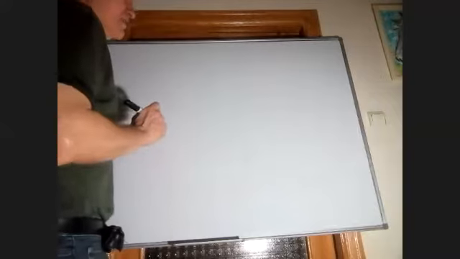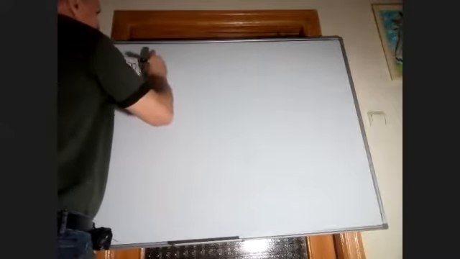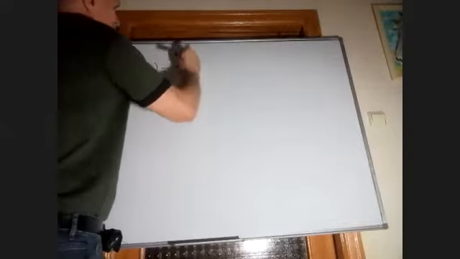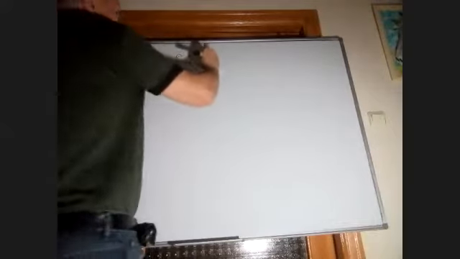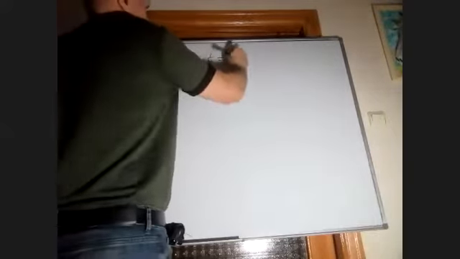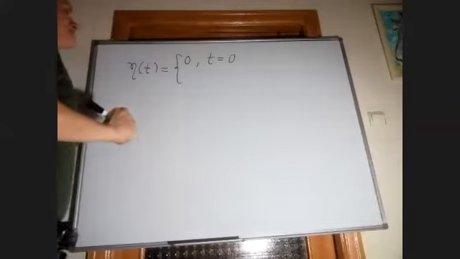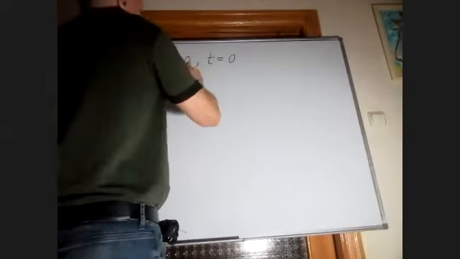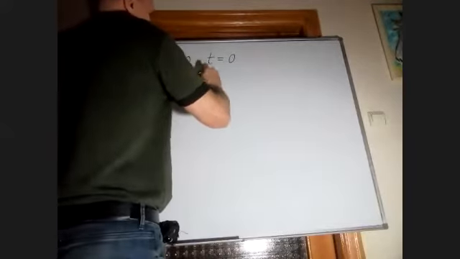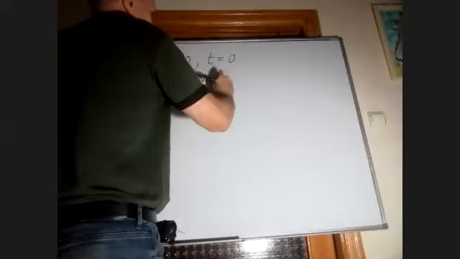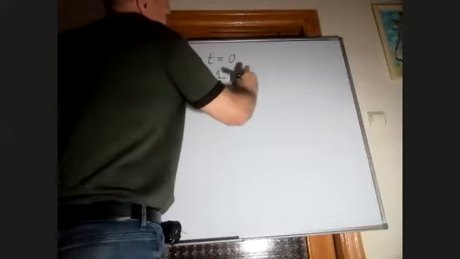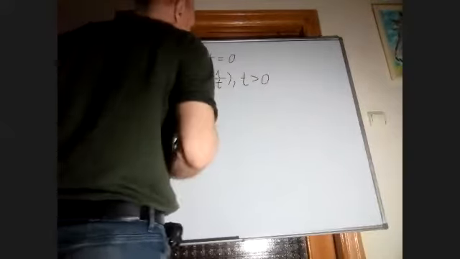So now let us define a new process, eta t, which will be equal to 0 if t equals 0, and t multiplied by W(1/t) when t is greater than 0.